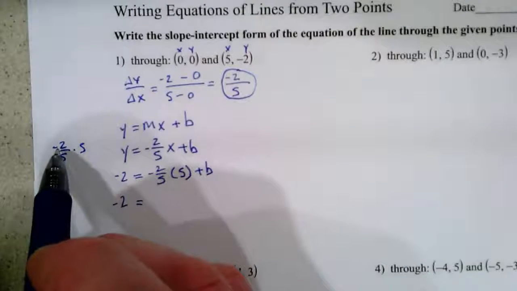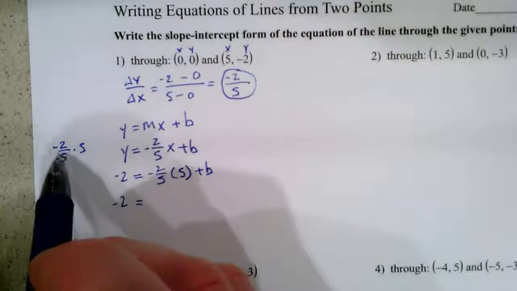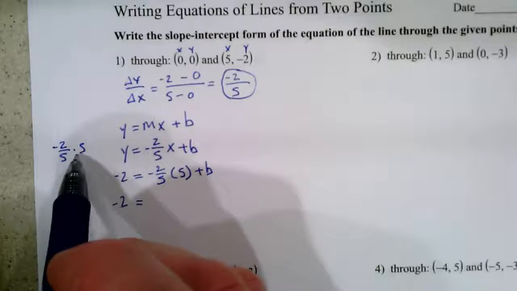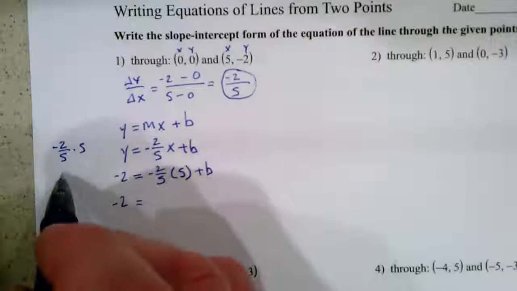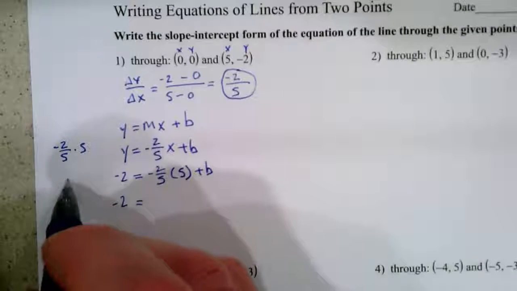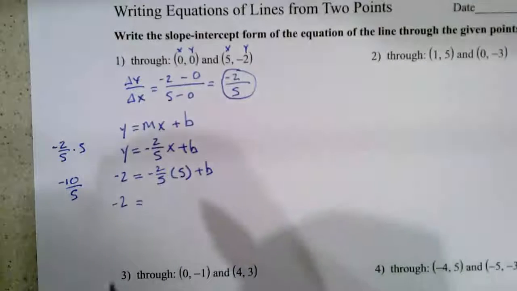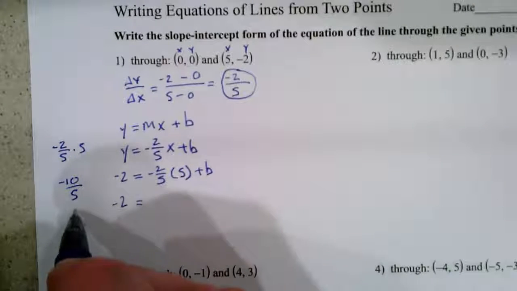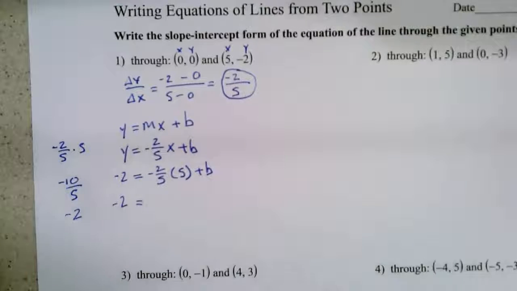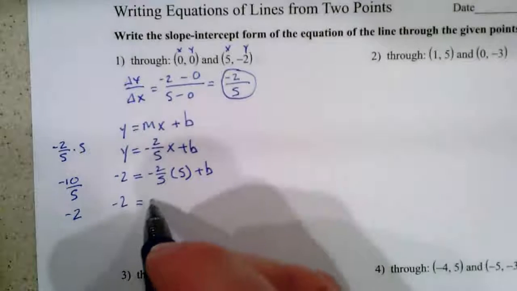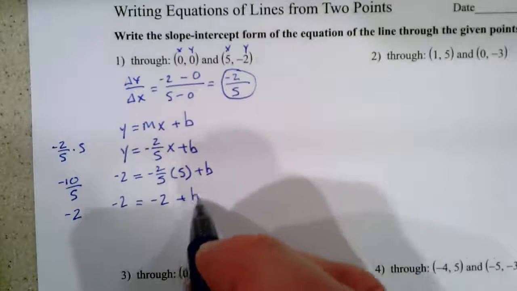Well, if I have, forget the negative for a second, if I have 2/5, so I have 2 of something, and I multiply it times 5, then I have 10 of those things. So -2/5 times 5 is 10/5. And of course it was negative, so it's -10. And -10 divided by 5 is just 2. Of course it's a -2. So over here we have -2 plus b.